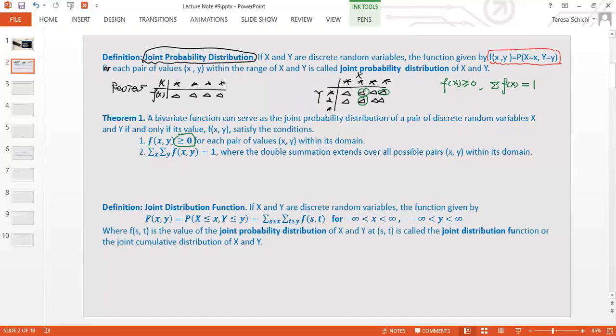That means we cannot have negative probability. The next thing is the same as for one random variable, where adding everything together gives 1. For two random variables, it's the same thing: when you add all the x, y values together, you're going to get 1.